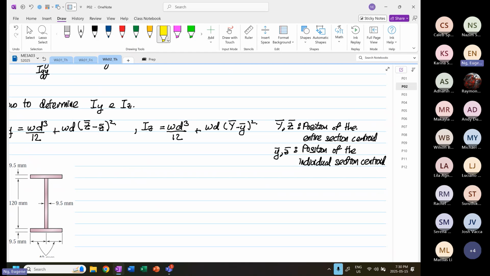So there's a big difference: one is the entire section, one is the individual section.